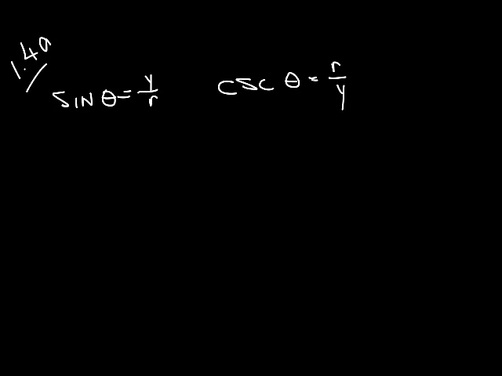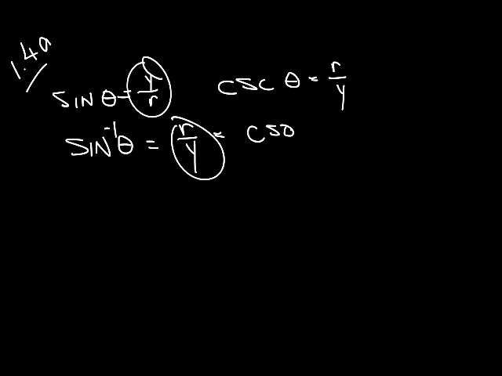So, sine of theta, and let's say that we're looking at the reciprocal, and we're going to leave it in sine form. So we're going to put a -1 up here, showing that we're talking about the reciprocal, and that's going to be r over y, which is the cosecant, right? We took this, flipped it upside down, and lo and behold, it's that there.